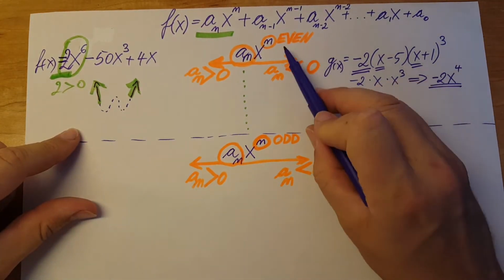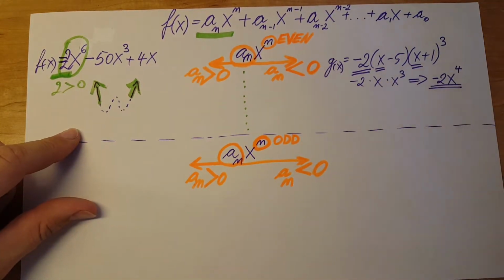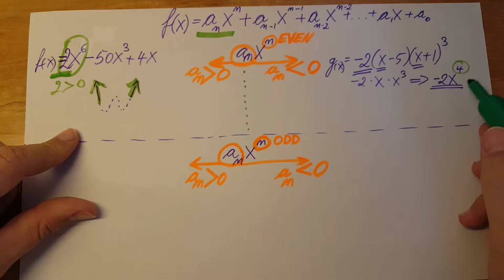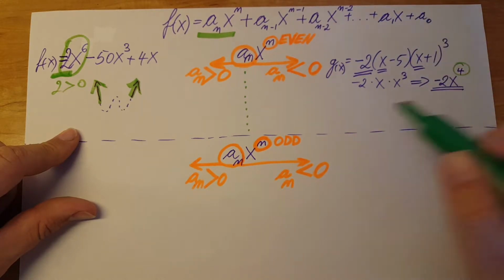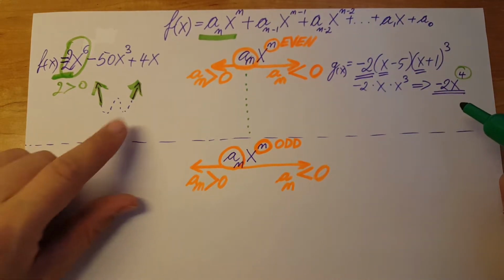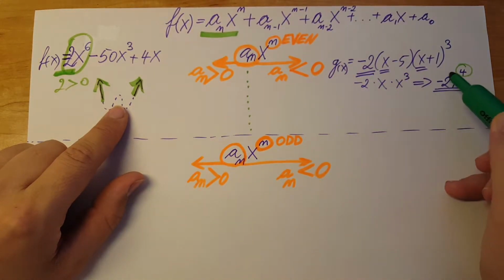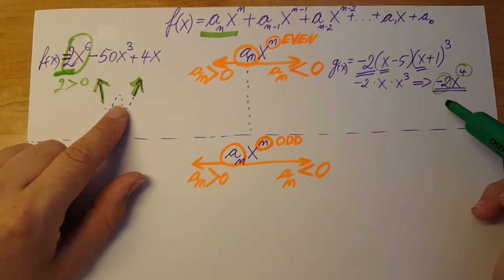And this will be the leading term of our polynomial function. Now, our exponent is even. That means the beginning and the end will both face in the same direction, either up or down. But as we can see, we have a negative 2 in front of the x, so this means it'll face down.